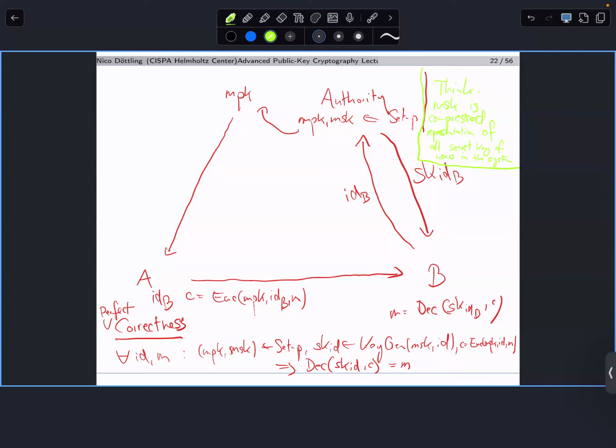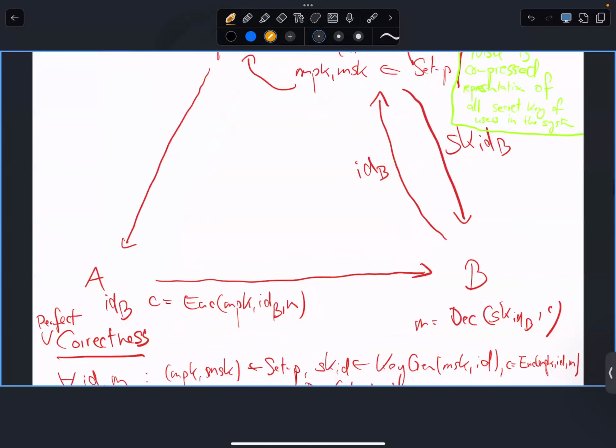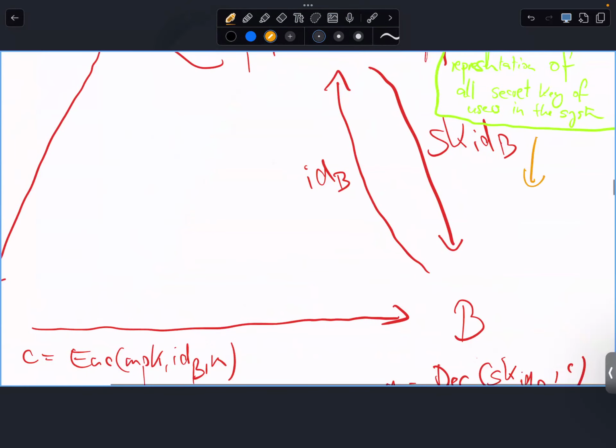This is the critical issue about identity-based encryption, which is typically summarized under the moniker key escrow problem. So when you read about that, then you know what's going on.